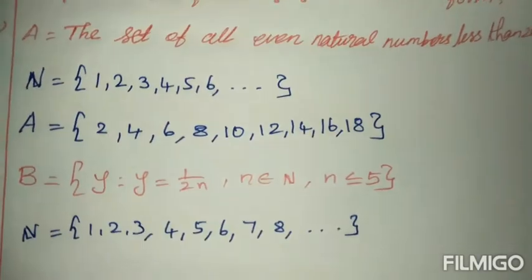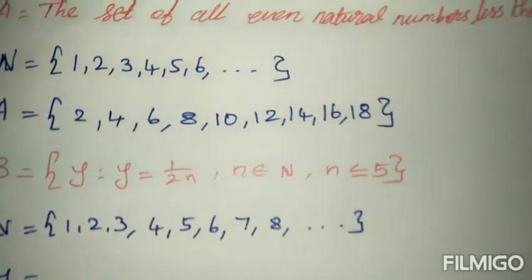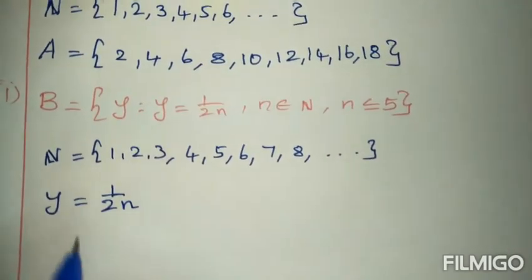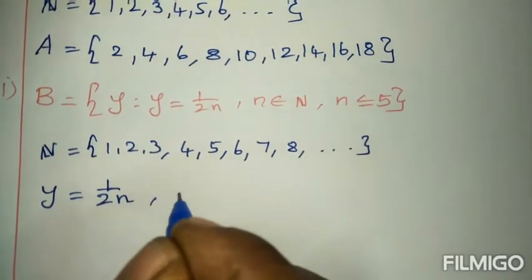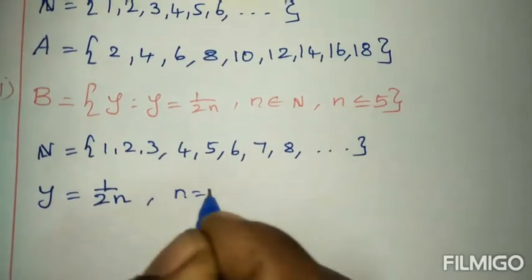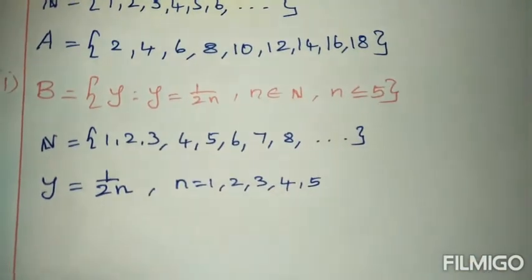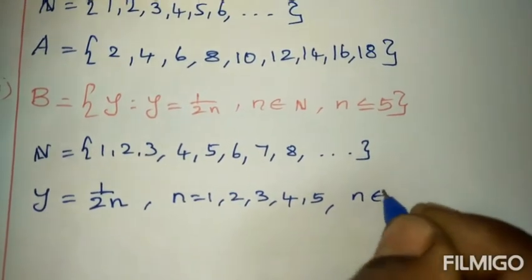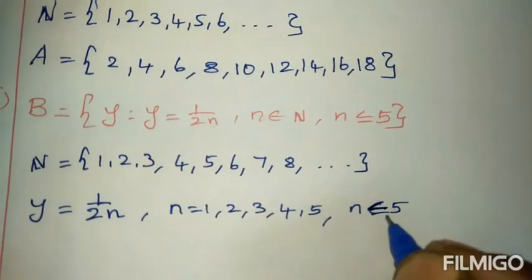Now, given condition y is equal to 1 by 2n. So you have to apply 1, 2, 3, 4 and 5 for the condition, because the condition is n less than or equal to 5.